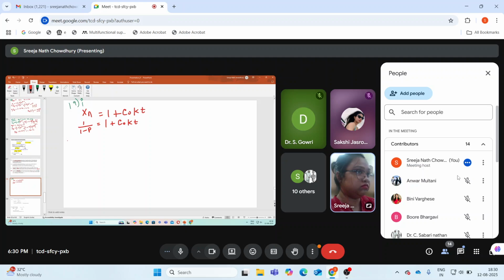Case 2, I don't know what is the T, but P is I think 99.5%, that is 0.995.